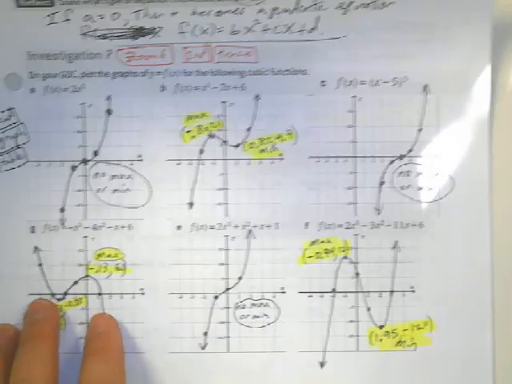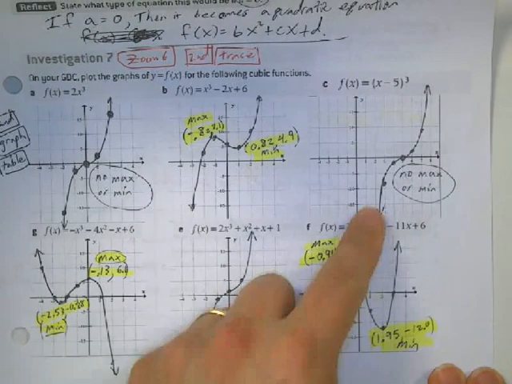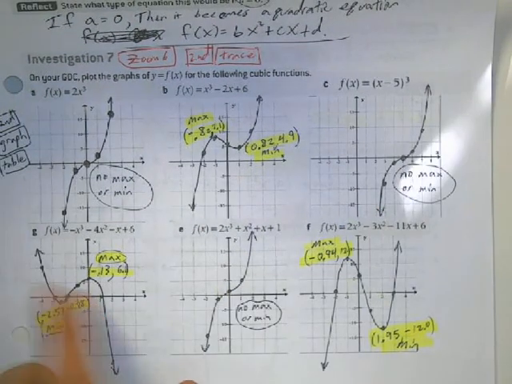Question C and E did not have minimums or maximums. Question G, a lot of people were making the same mistake.